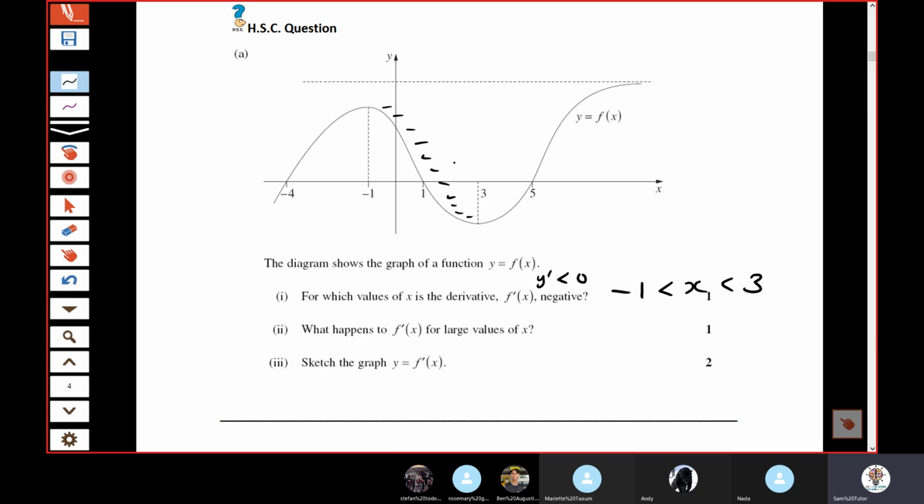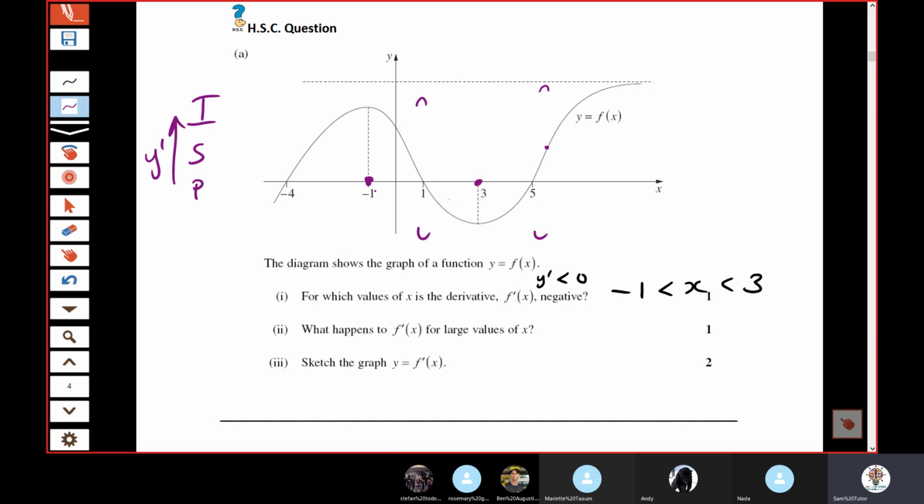All right, here we go. Let's draw my little ISP. We're going upwards for derivatives. Stationary becomes intercept. Stationary becomes intercept. Point of inflection somewhere there is going to become stationary. Point of inflection somewhere there becomes stationary.